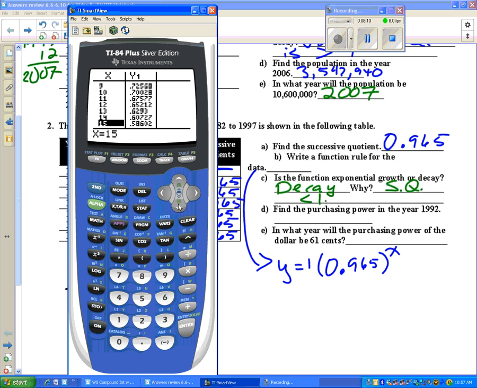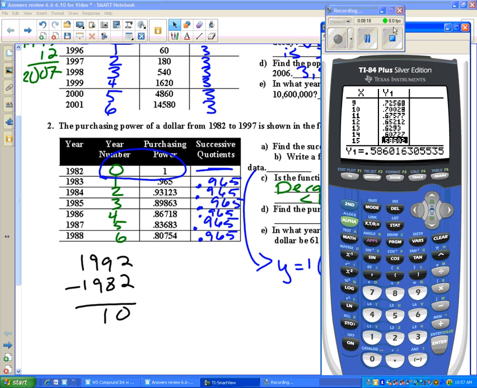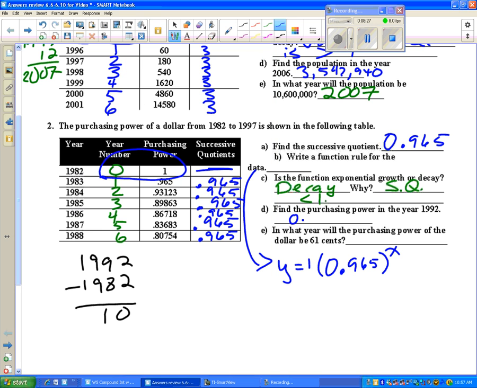In 10 years, it's going to be 0.58602. So $1 in 1982 is only worth about 59 cents in the year 1992.